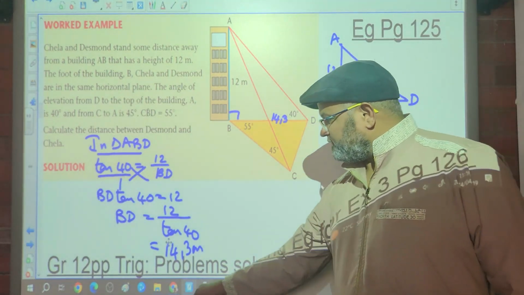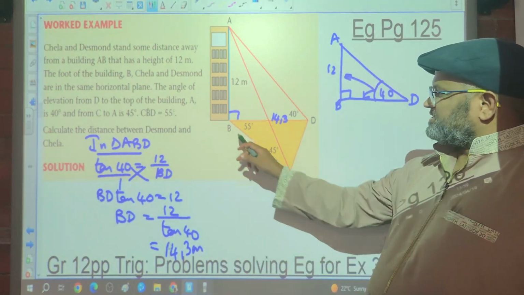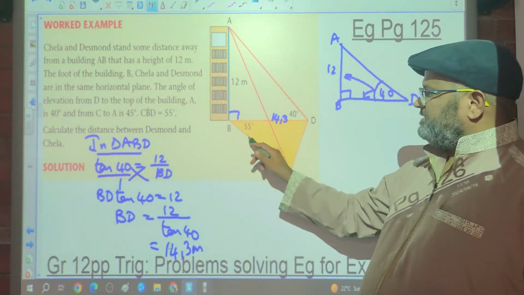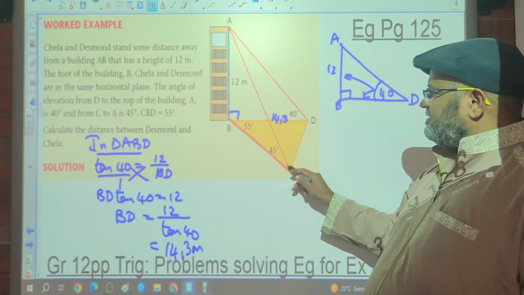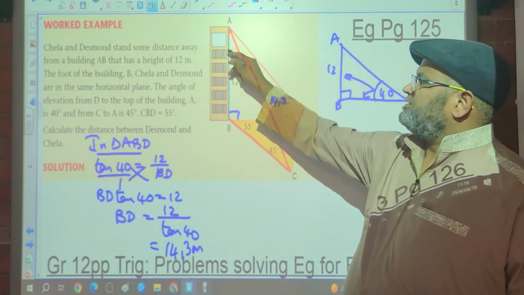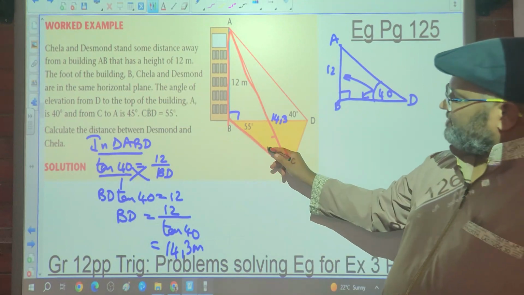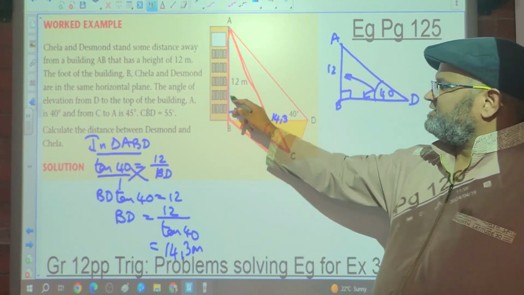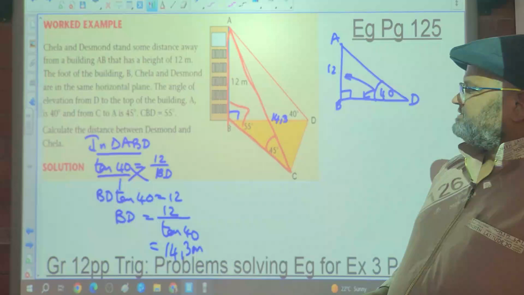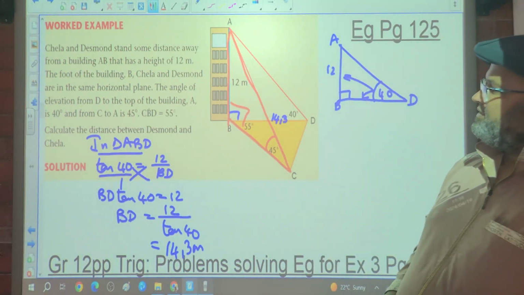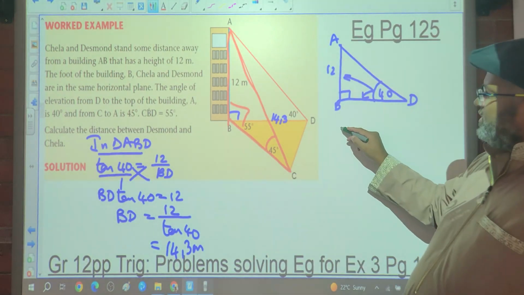So, looking at the other triangle, what did we say we still need? BC. Now we've got the triangle looking like this. What do I have in this triangle? I have 45. What's the size of this angle here? 90 degrees. So I can calculate BC. This is what you should be seeing.